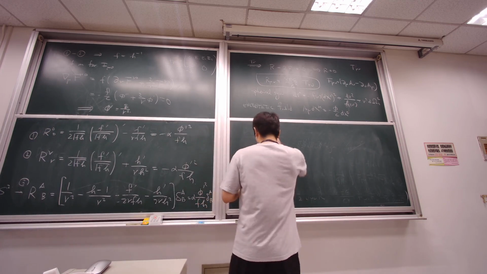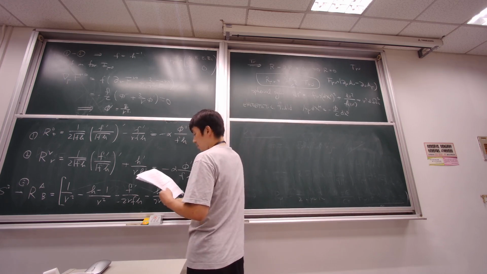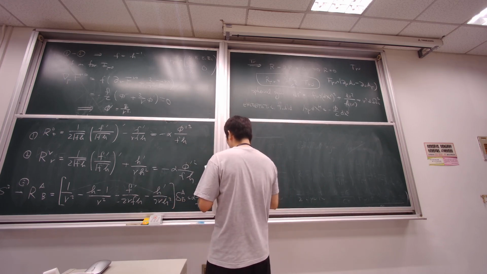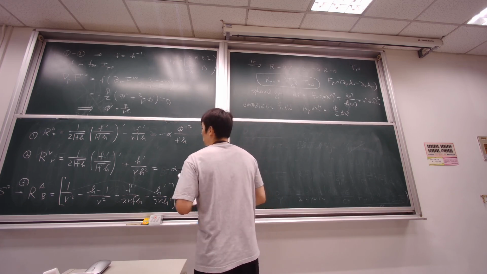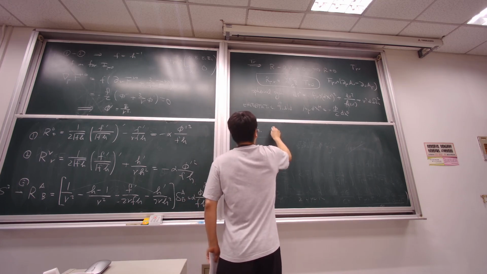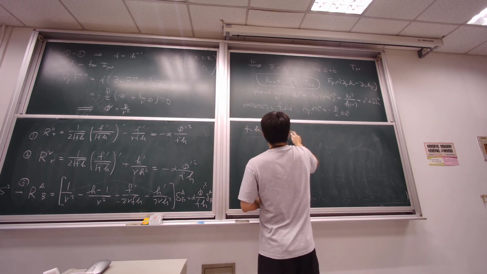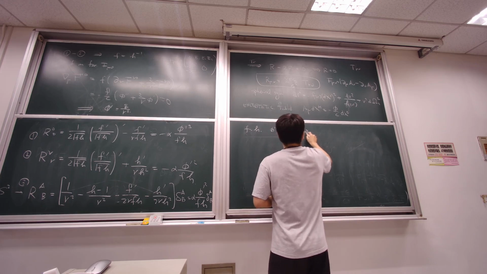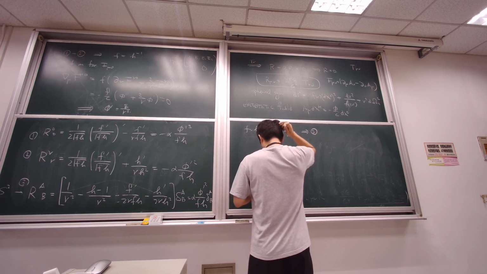Okay. And substitute this one into the third equation. f is equal to h, and phi prime is equal to q over r squared into number 3, and then this equation becomes something like this.